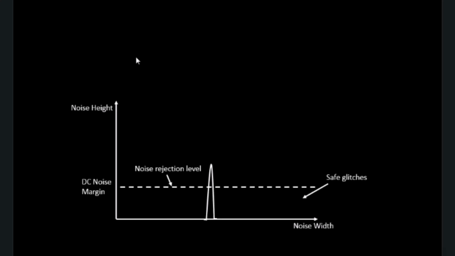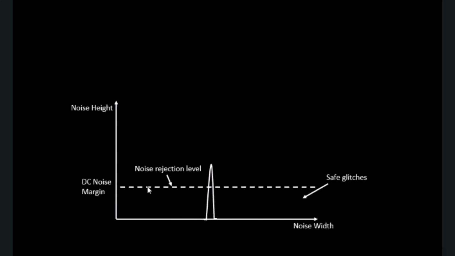Okay, so now let's try to put this in the chart that we already had. We had a noise chart. We had a DC noise margin level over here. We had this axis for noise height, and this axis for noise width.